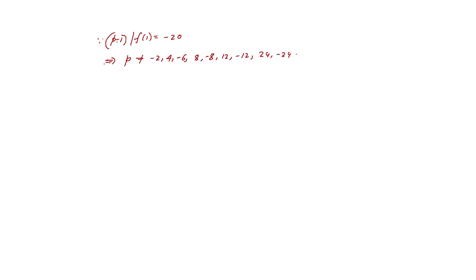Because if we take p equals minus 2, then minus 2 minus 1 is minus 3, which does not divide minus 20. We'll check.